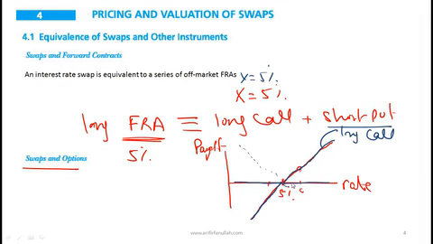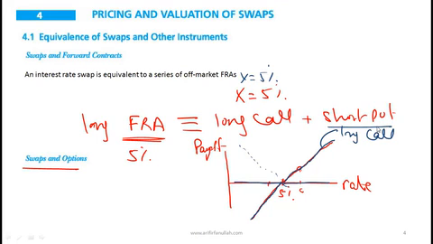So notice if you add up the two blues, what do you get? You get the same as the red, which was your long FRA. So in essence, going long on your forward rate agreement is the same as being long a call and short a put.